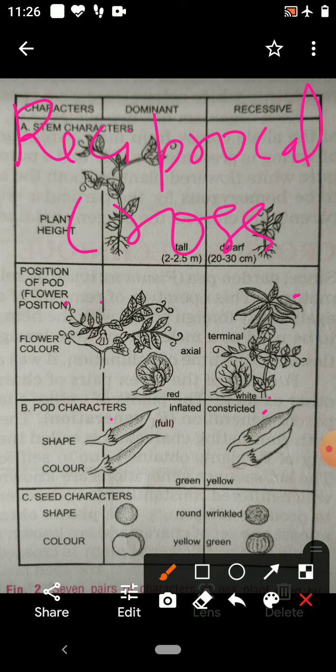Whether anyone is male or female, in the first generation, the character of only one parent is expressed, the other parent's character is hidden. The character which is expressed, the phenotype which is visible, is the dominant, and the one which is hidden, not visible, is recessive.